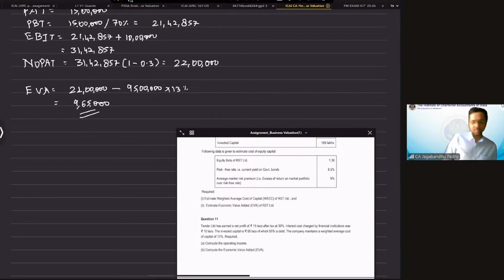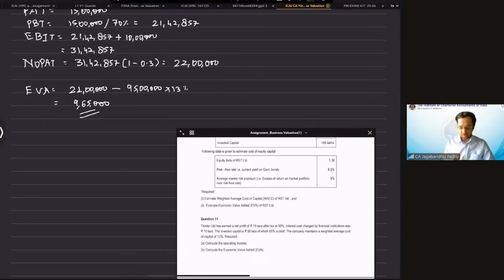Since we have this EVA as 9,65,000, this simply means that the additional value the company has generated is worth 9,65,000. This is the amount of dividend which you can give without any reduction in the value of the company.